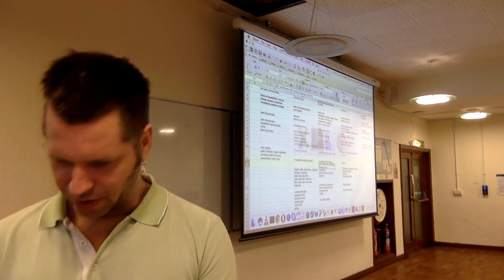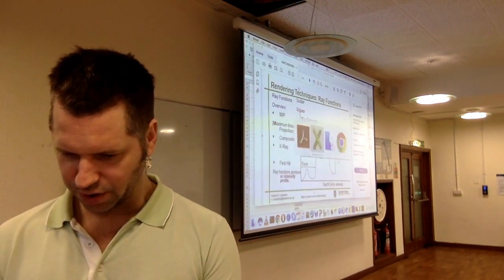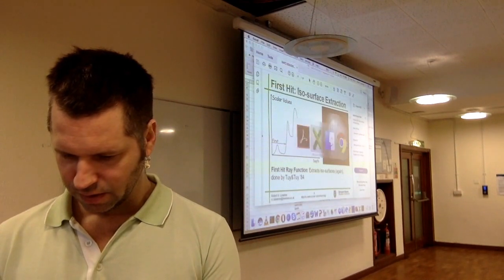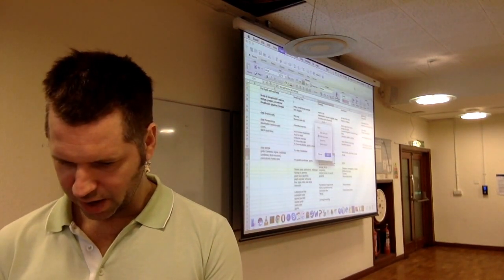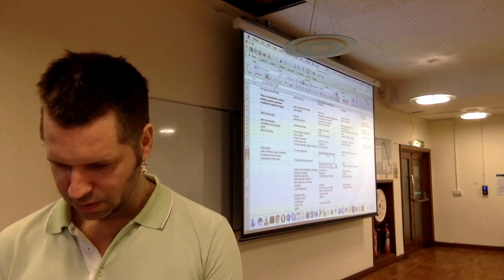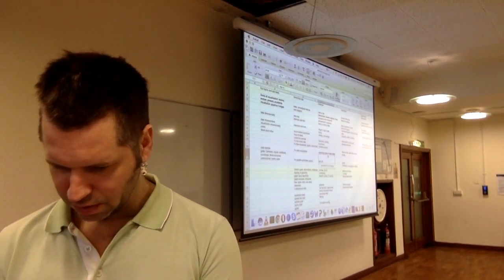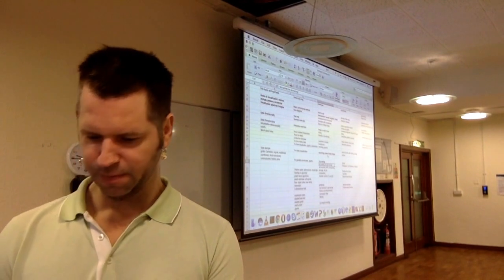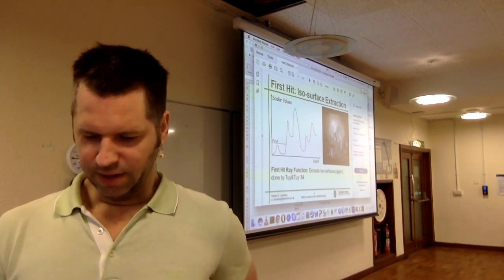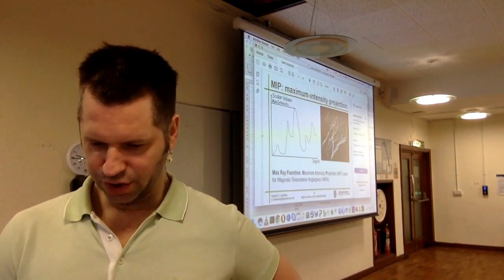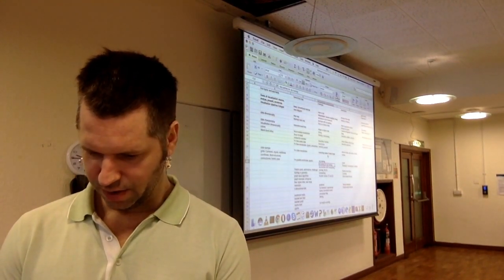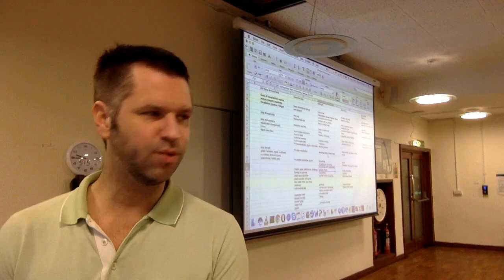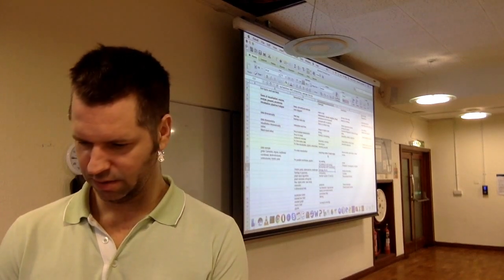Ray casting functions, ray functions. It would actually be nice to put ray casting in its own cell. Ray functions, very important, right? This has been a test question on previous tests.